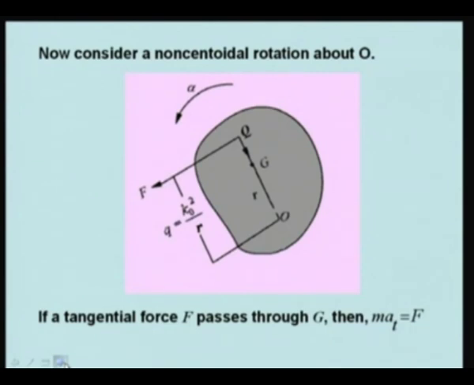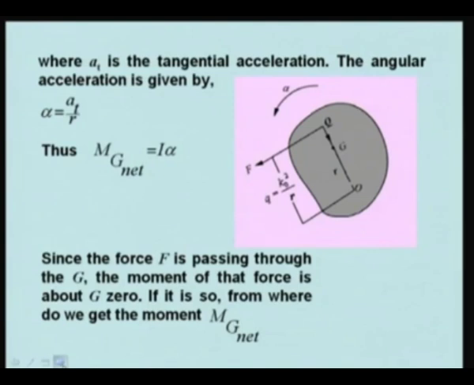Now consider a non-centroidal rotation about O, like in this case. Now if the tangential force was passing through G, then mass times At will be equal to F, where At is the tangential acceleration.